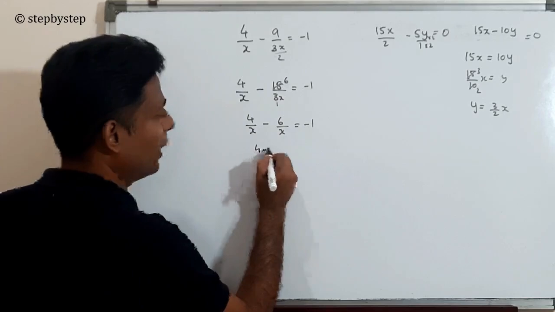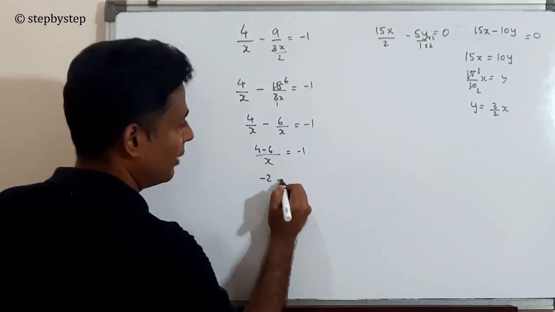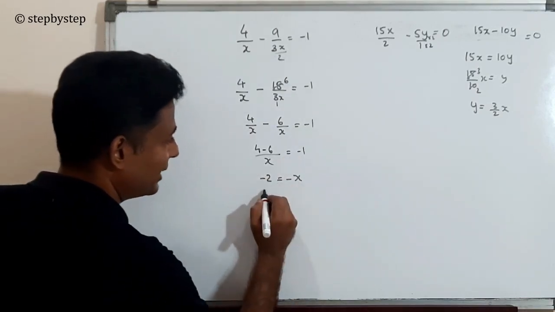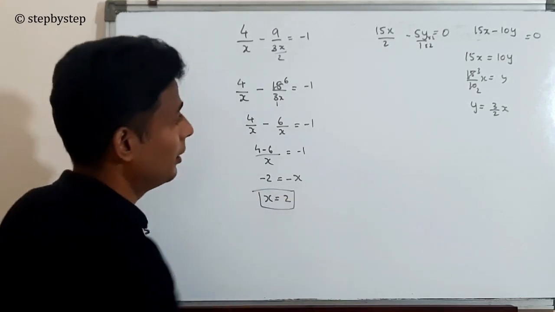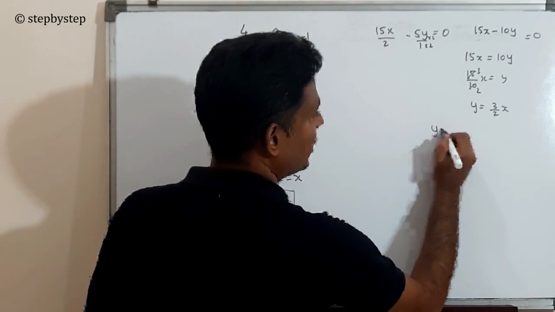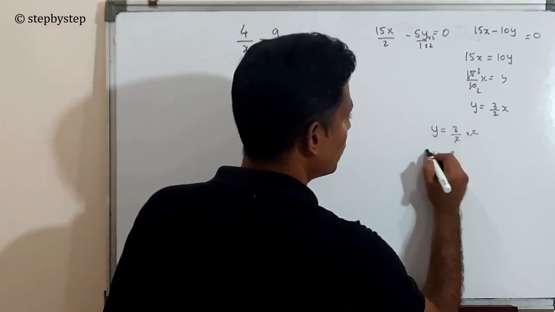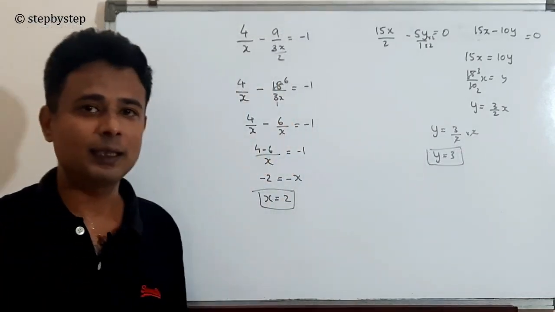So I get 4 minus 6 equal to minus 1. 4 minus 6 is minus 2, and when I transpose x this side, it becomes minus x. So minus x equal to minus 2, so x equal to 2. I got x equal to 2, so I substitute here 3 by 2 into 2, so I get y equal to 3. So x is 2, y equal to 3.